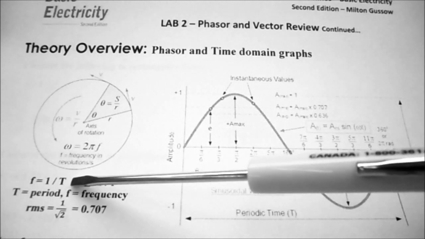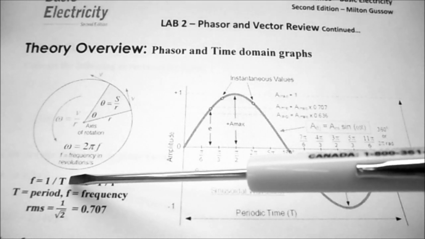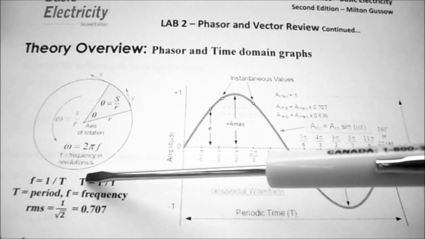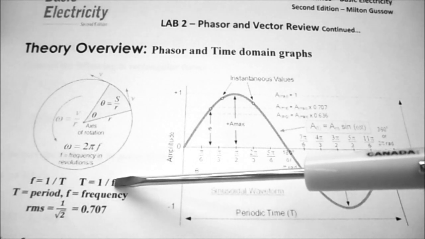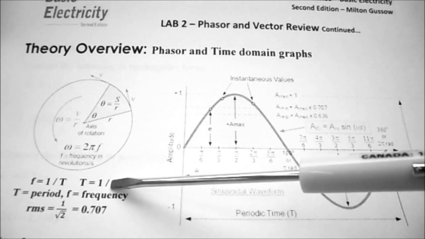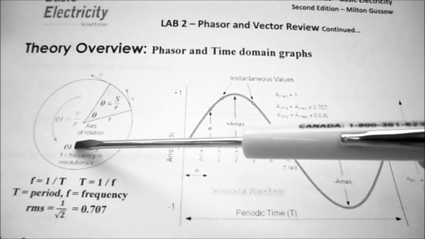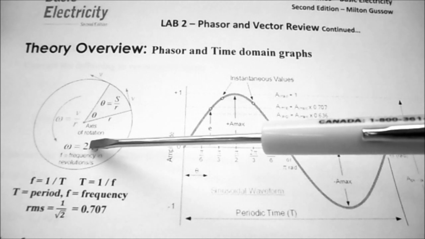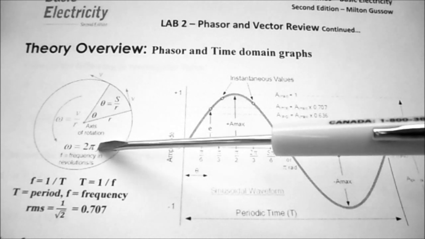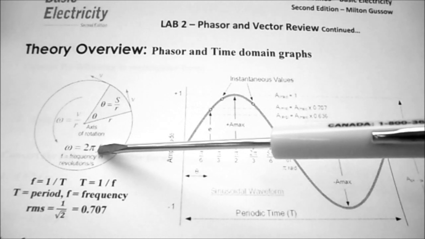The frequency is equal to 1 over the period, and the period is equal to 1 over the frequency. We also have to note that omega is equal to 2 pi f, and f is the frequency.